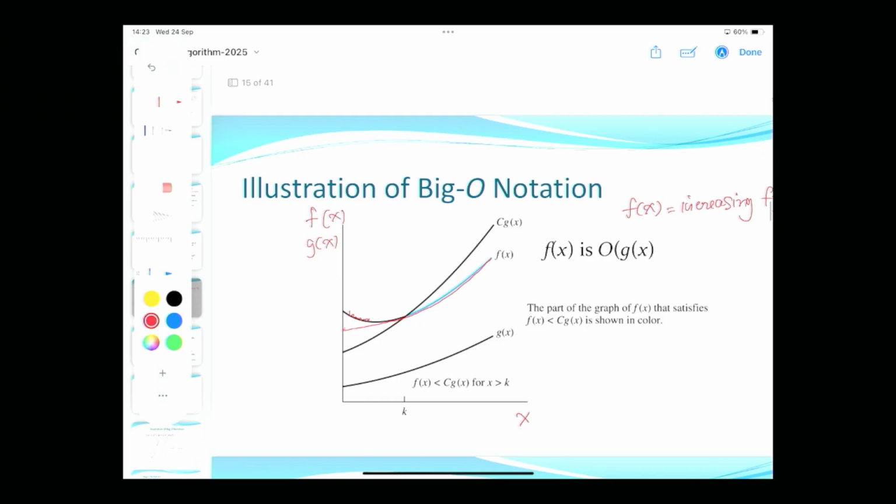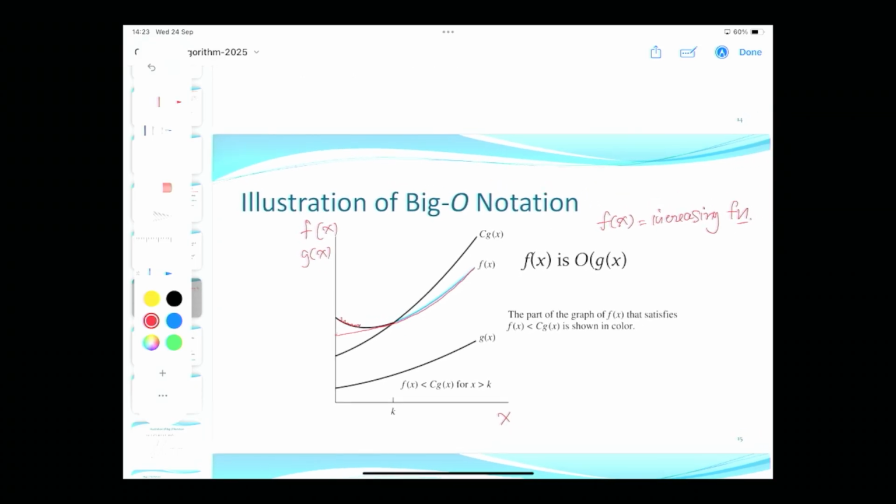Let's see this graph again. We see the function f(x). Suppose this is the function here, f(x), and then g(x) is here, times c. So that we have f(x) less than or equal to c times g(x). We see that c times g(x) could be less than f(x) for some time here, but when x is greater than k, then this inequality is true.